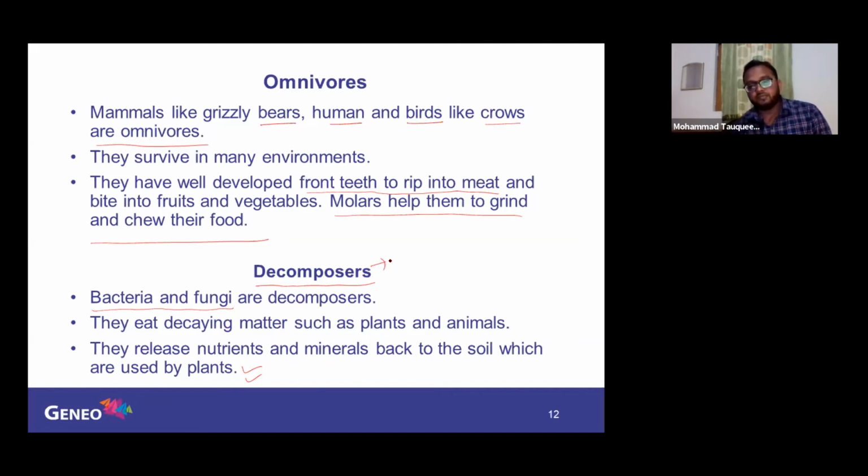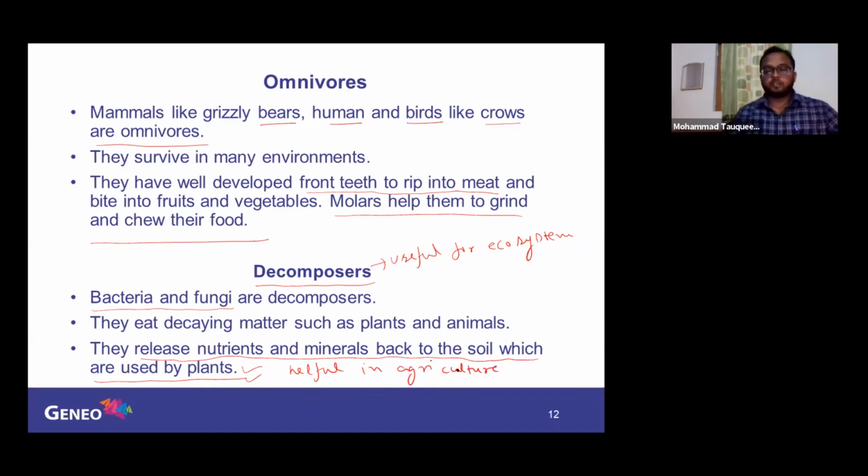They are very useful for the ecosystem. In agriculture, they are useful because they release nutrients and minerals back to the soil, which are used by plants. So helpful in agriculture.